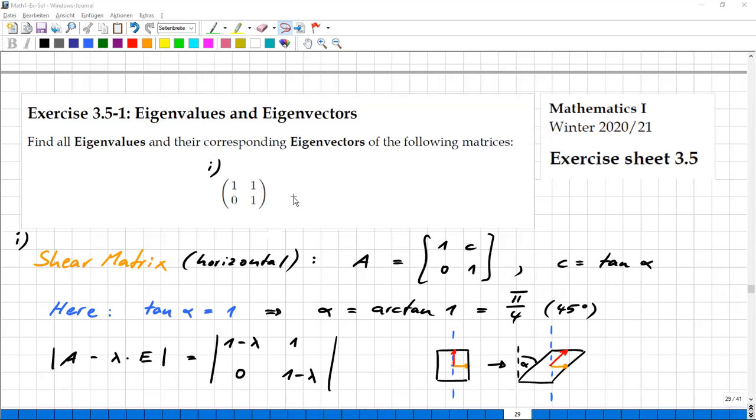So firstly, this is a striking aspect, because generally speaking, most vectors do change both their direction and their absolute value if you apply a matrix to them. So how to find these special vectors called eigenvectors?